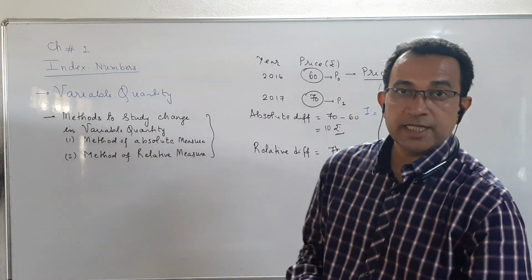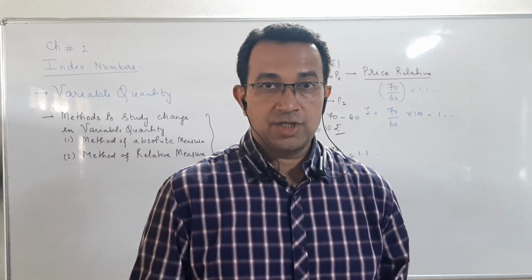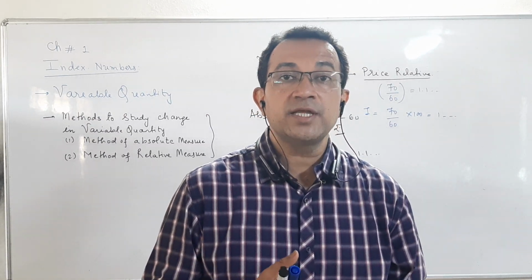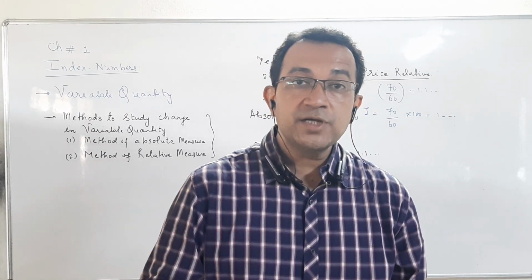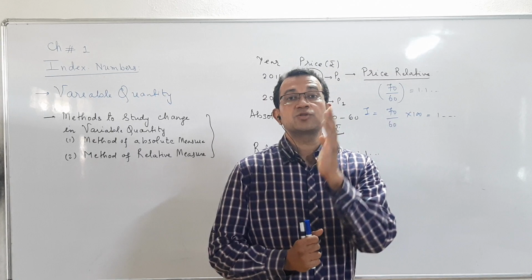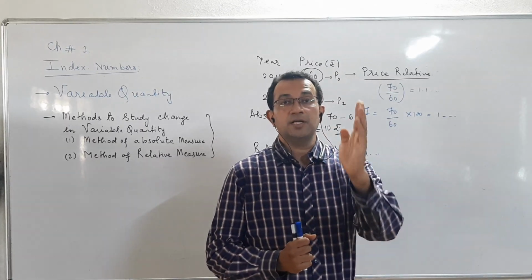The percentage relative change in the value of a variable quantity associated with an item for a given period of time compared to its value in a fixed period of time is called an index number.